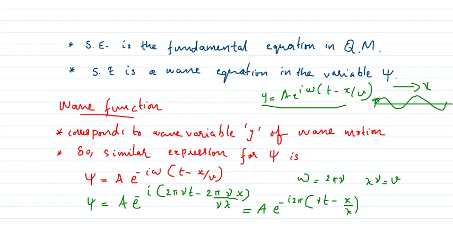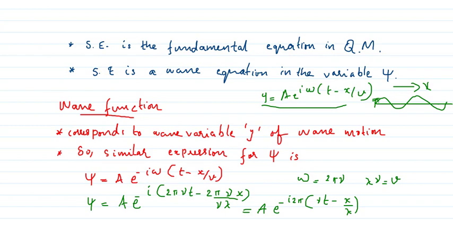So using that probability amplitude, we are rewriting the same equation for the wave amplitude. So y is just replaced with psi, so that it represents the wave representing the material particle or de Broglie matter waves.